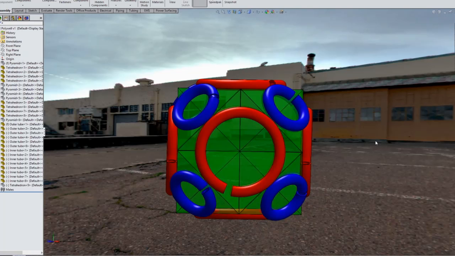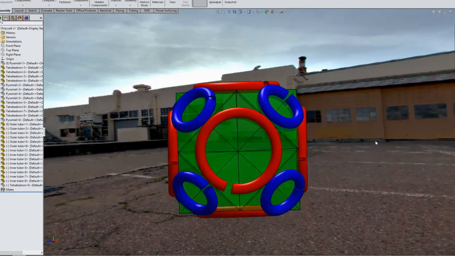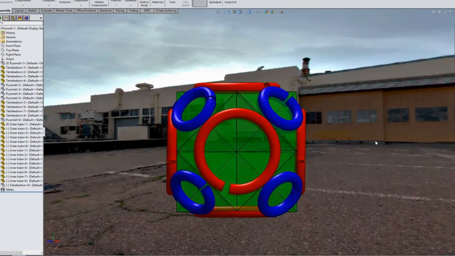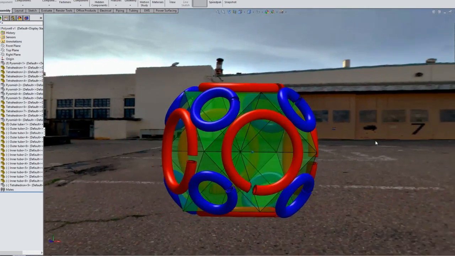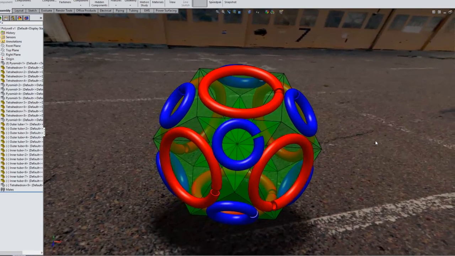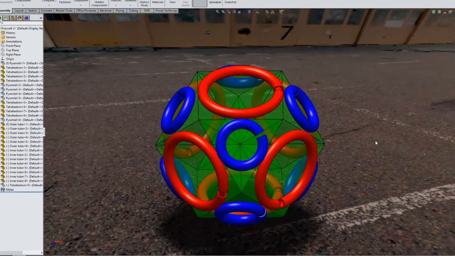Yeah, see, in this position, it looks like a cube, square. But if you look at it from a different view, you see the hexagonal equator and all these lines. If you follow them, you see this line goes through the bottom.